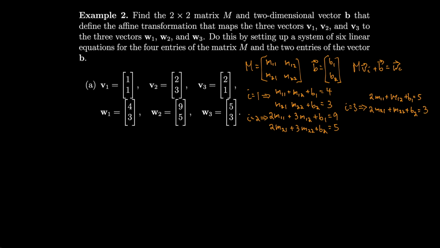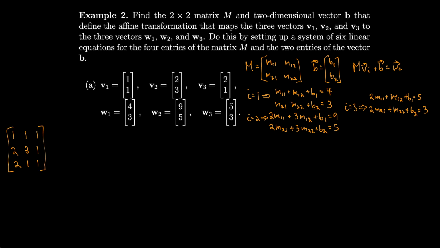So that gives us a matrix of 1, 1, 1, just by reading off these coefficients. For M11, 2, 3, 1 for these coefficients, and then 2, 1, 1 for the last ones. So that's just taking the first of each of these rows.